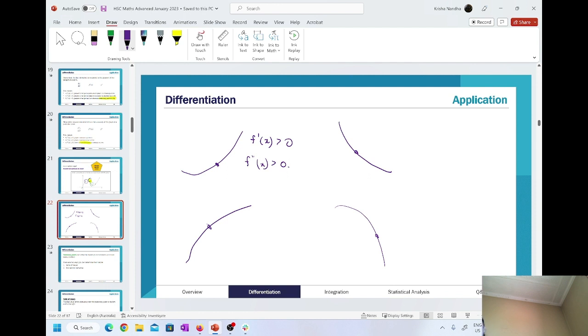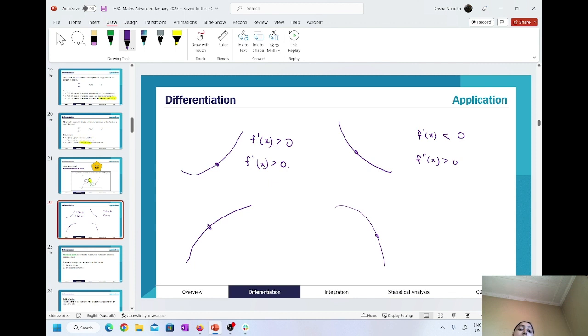Okay, over here, we're still concave up, right? So f double dash x is greater than 0, and f dash of x is negative, so it's decreasing, right? Okay, over here, we're still increasing, but at a lower rate, right?